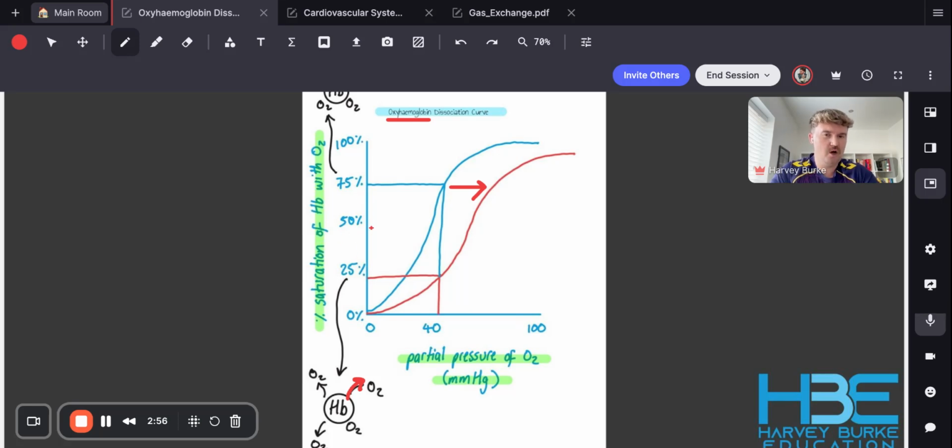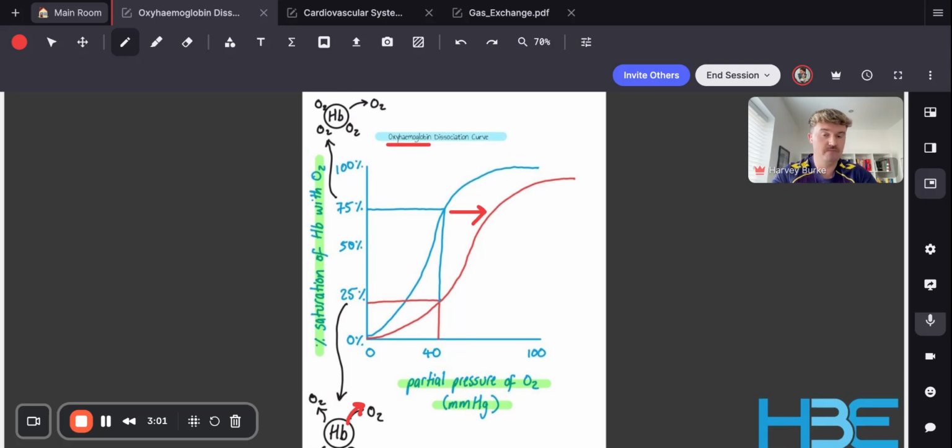And I always think it's worth just thinking about this y-axis in regards to one hemoglobin. So if hemoglobin is 100% saturated with oxygen, one hemoglobin would have all 4 oxygens bound to it. If hemoglobin is 75% saturated with oxygen, the hemoglobin molecule will look like this.